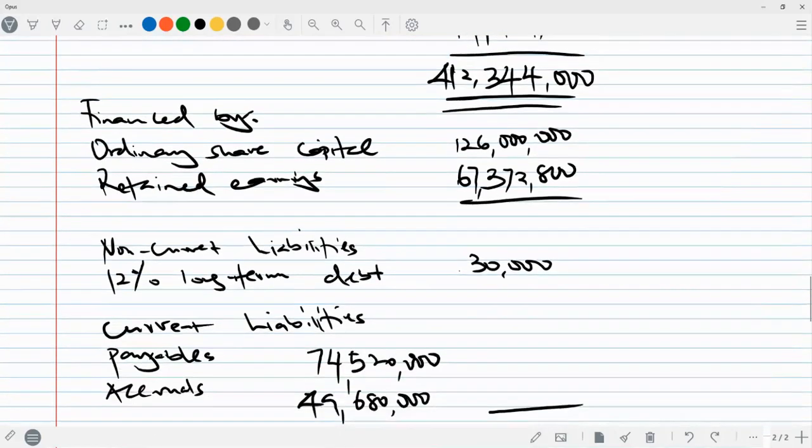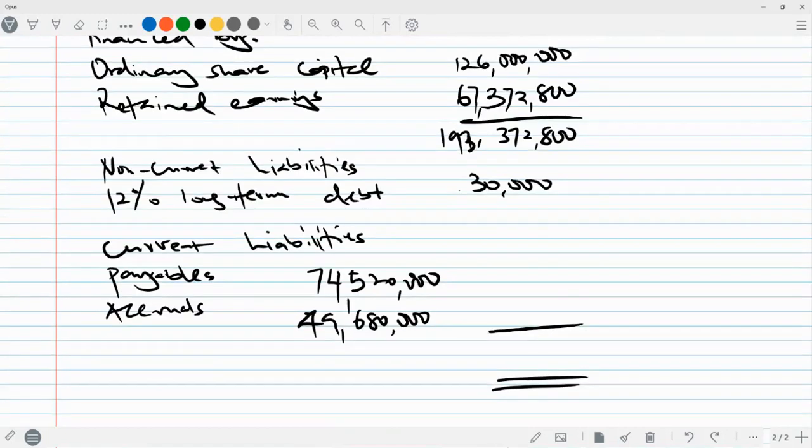Equity, $181,800. I'm getting 193, okay, plus 30.